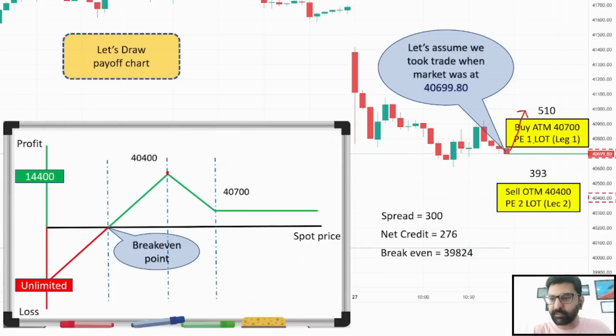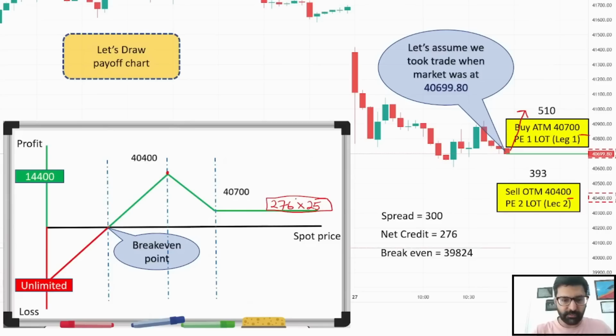So what will happen? Everything will become zero, right? Because if you are expiring above these levels, this put becomes zero, this put also becomes zero. So whatever was the net credit will be our profit. So our profit will be 276, which is the net credit multiplied by 25. This will be our profit for this line.